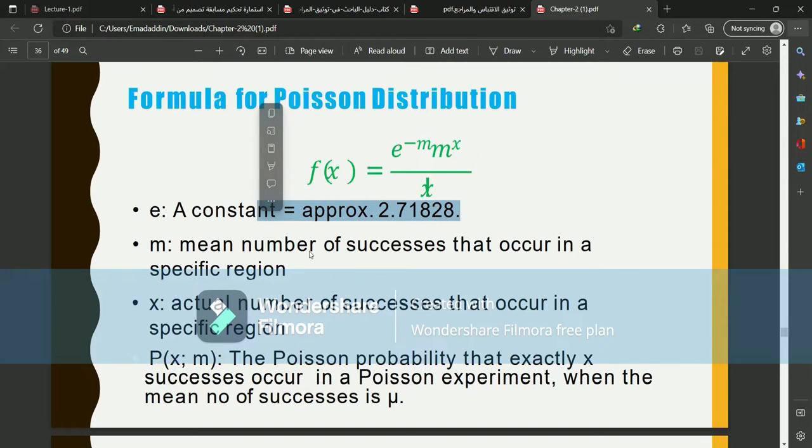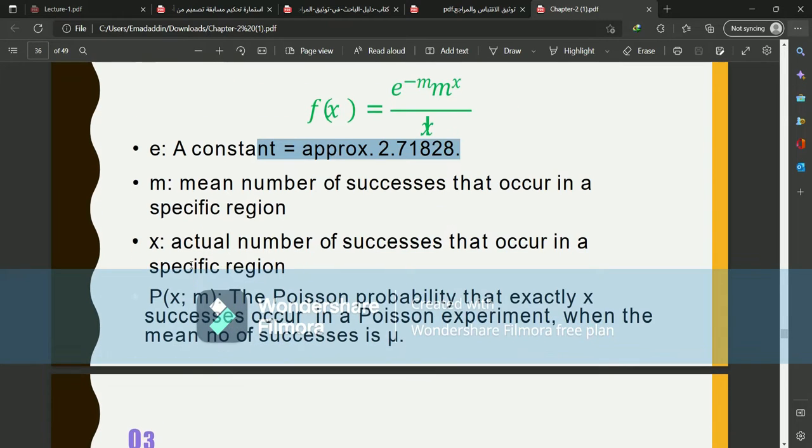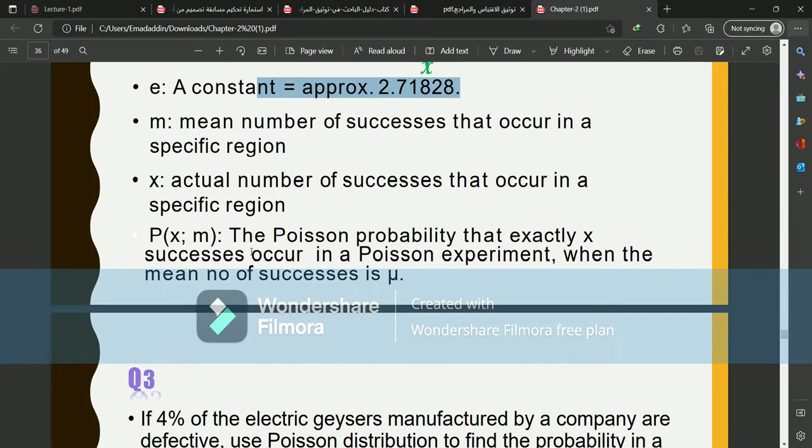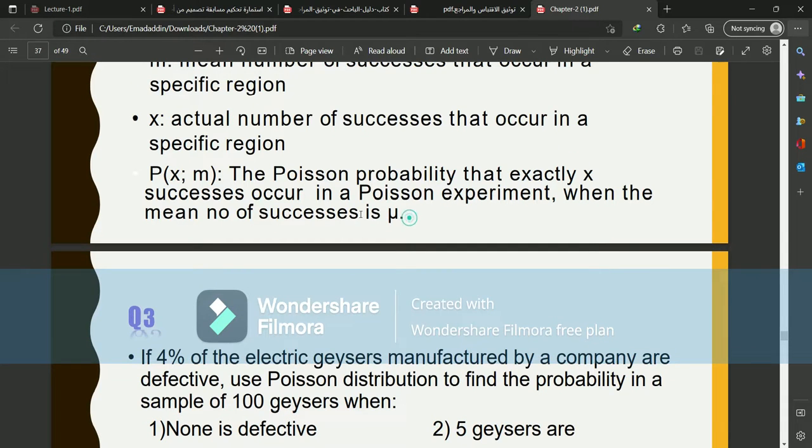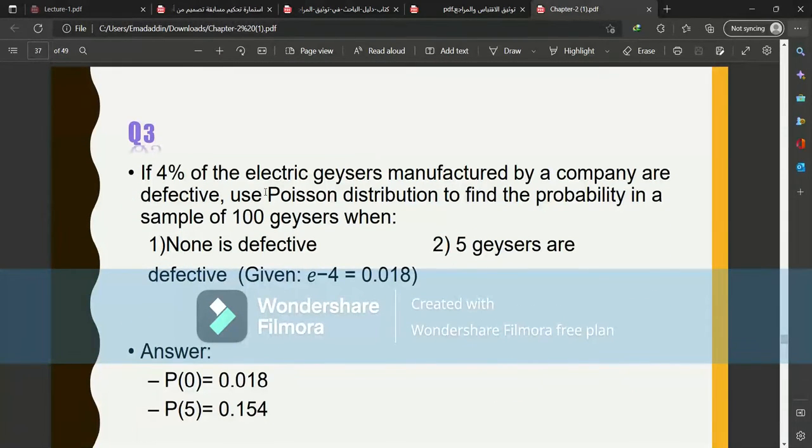Mu is the mean number of successes that occur in a specific region. x is the actual number of successes that occur in a specific region. P(x, mu) is the Poisson probability that exactly x successes occur in a Poisson experiment when the mean number of successes is mu. This is the mu.